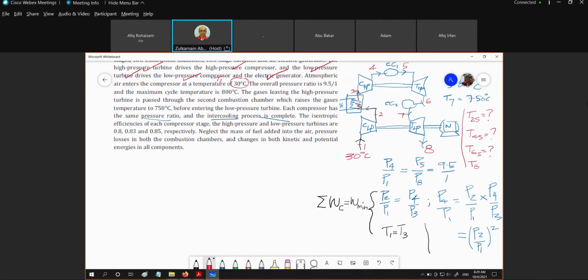So these are the extra states that we have to get in order to get T4, T6, T8, or T2. Okay? So meaning that if we look right here, we have 8 states. But as far as the temperature is concerned, because of the isentropic efficiency, we have to add 4 more temperatures.